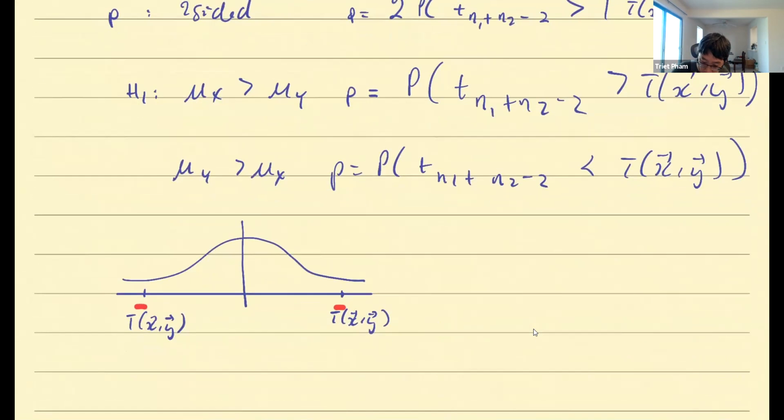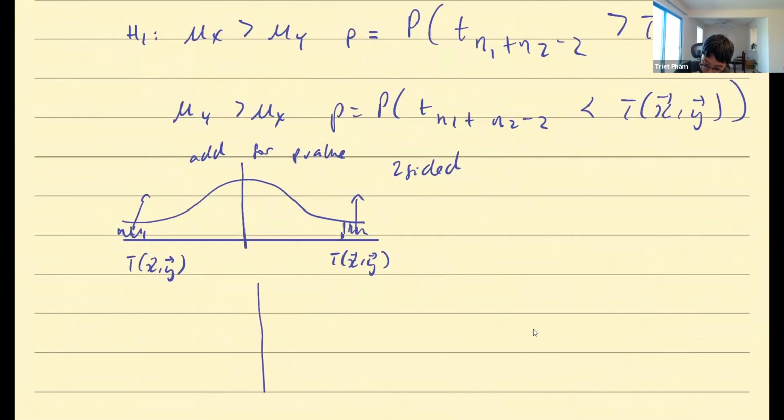And so that's why when you compute the p-value, you add both, like this. This is two-sided.